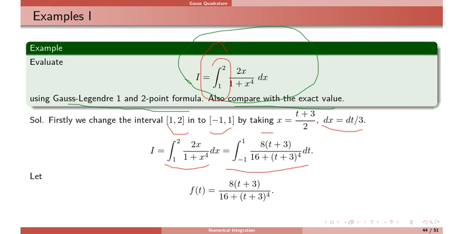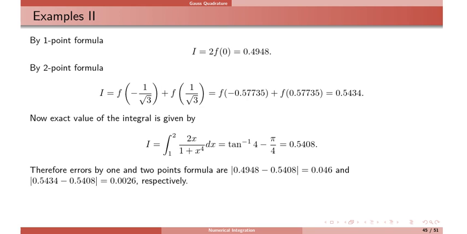Then change 1 to 2 into minus 1 to 1 by putting x equal to t plus 3 by 2. So this is my f(x) now, or you can write f(t). This is my f(t) function. By the 1-point formula, the answer is just 2 f(0). So calculate the function value at t equal to 0. In the 2-point formula, we have the function value at minus 1 by root 3 and the function value at plus 1 by root 3.